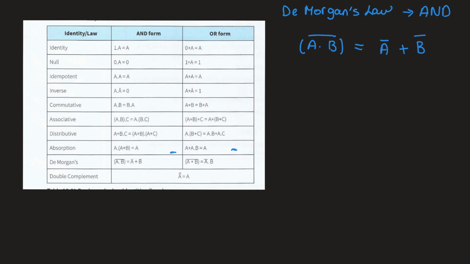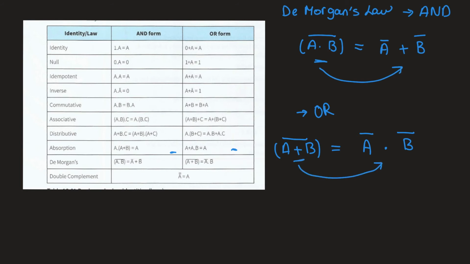There's probably some explanation with sets which you could relate, but it's easiest if you just remember it, because these are really easy to remember. When we have a plus in the expanded form, we get a dot, and when we have a dot over here, the expanded form, we get a plus. It's basically just that much.